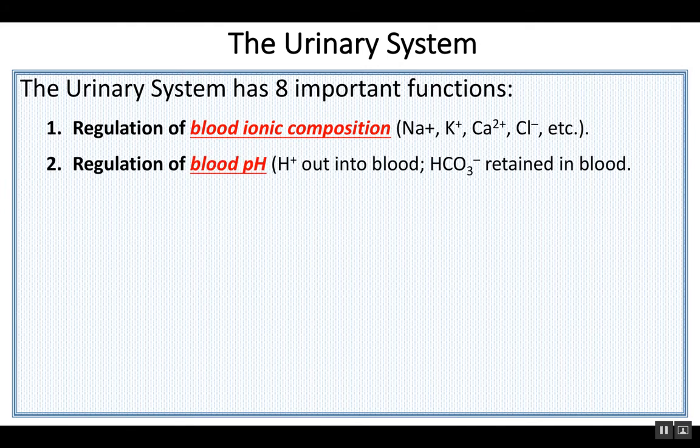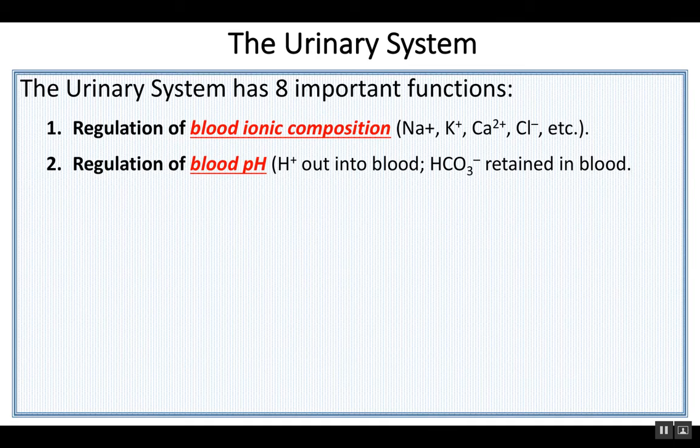Second major function is it contributes to the regulation of your blood pH. We've talked a little bit about blood pH in the past in the context of the respiratory system, in that both your respiratory system and your urinary system help maintain blood pH. If you recall, your respiratory system helps to get rid of carbon dioxide, which contributes to the acidity of blood.